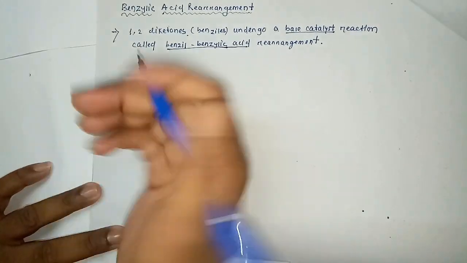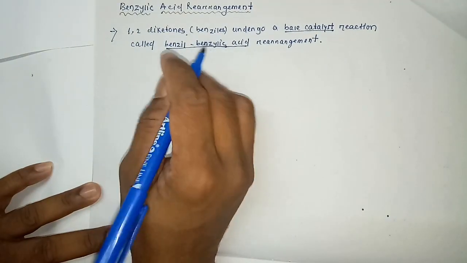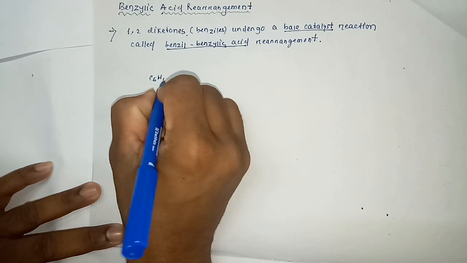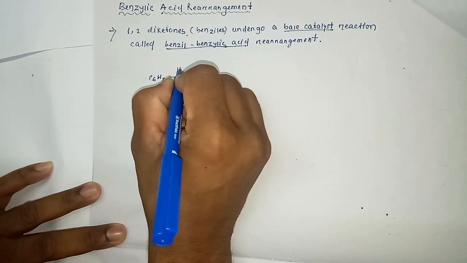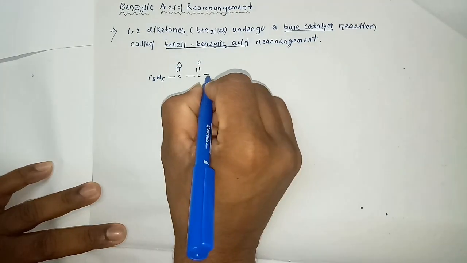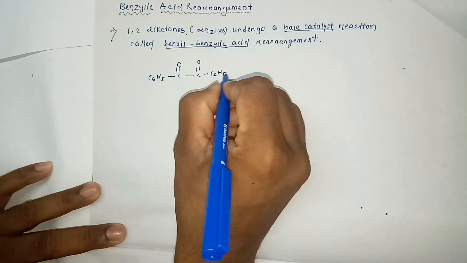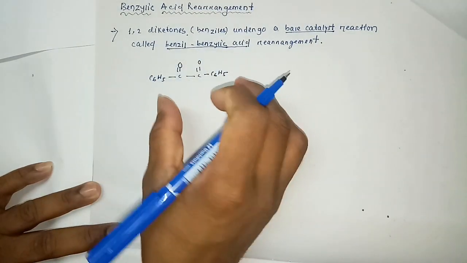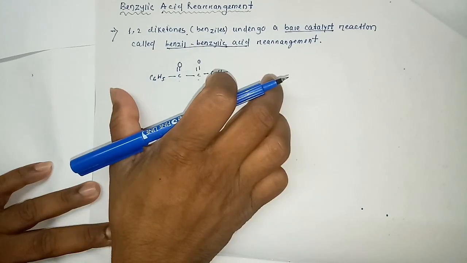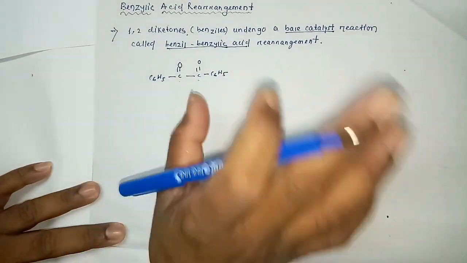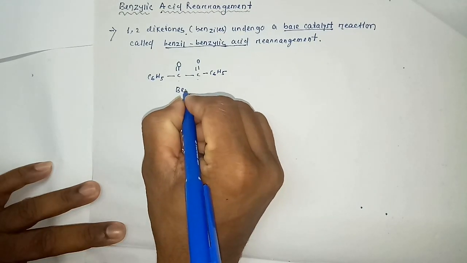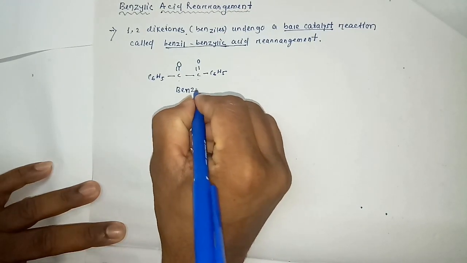So what are 1,2 diketones? For example, C6H5-C=O-C=O-C6H5. This is a 1,2 diketone, the general name, and it is also called benzil.